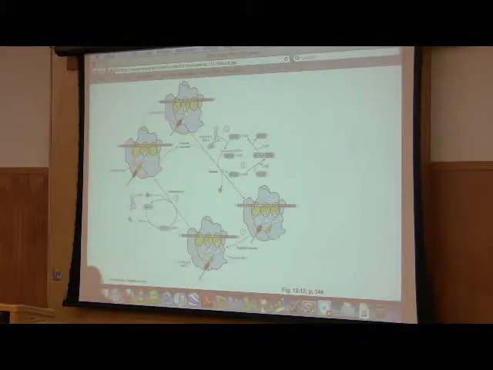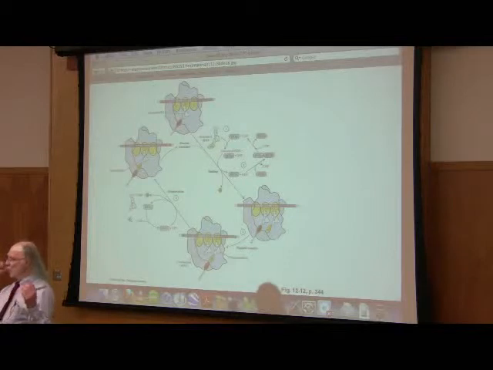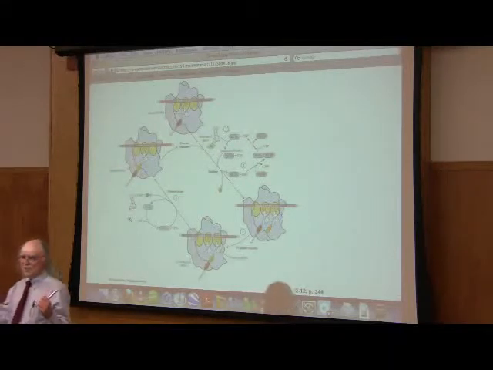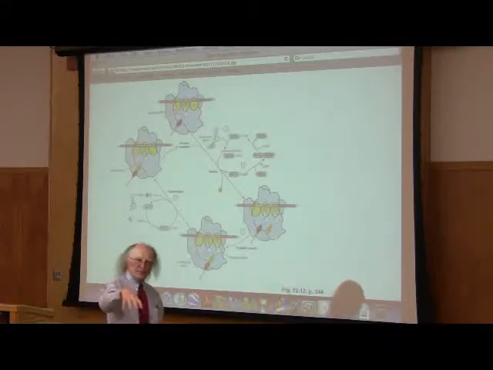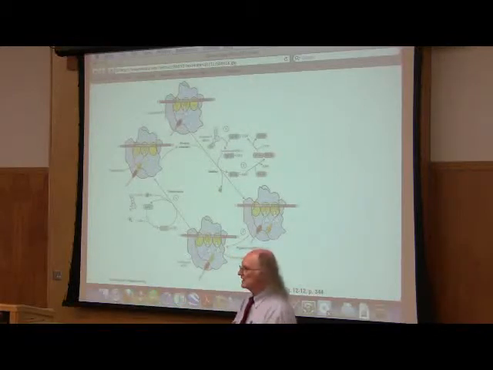Why is it sitting on top of that bond? Because that bond is very, very unstable. It's unstable in water, and that's what all this stuff is floating in. So EF-Tu is covering up the tRNA amino acid so that that bond never sees water.